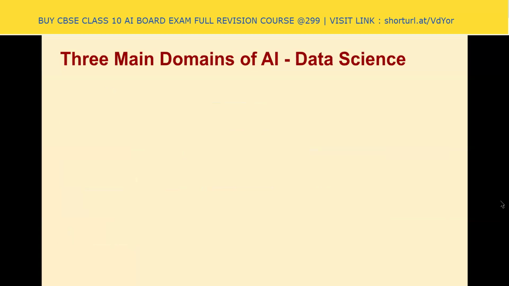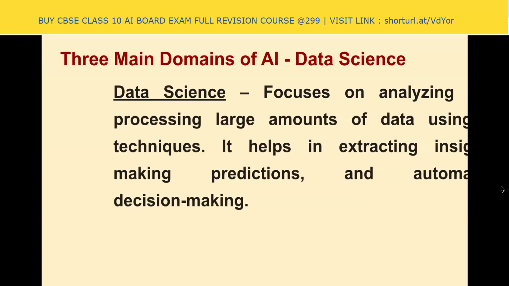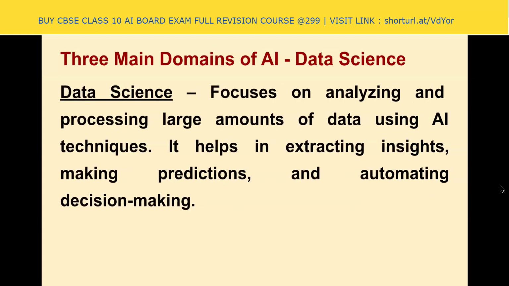So the next one is the three main domains of AI. The three main domains of AI: one is data science. Now, what do we mean by data science? Where do we apply this data science?